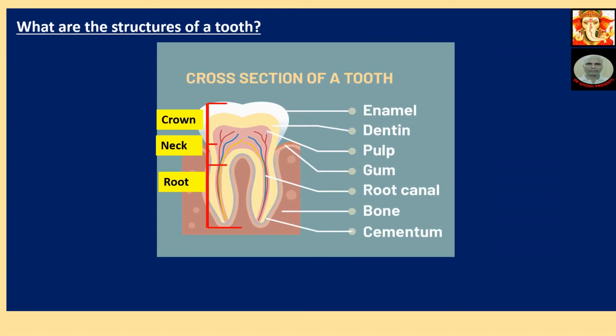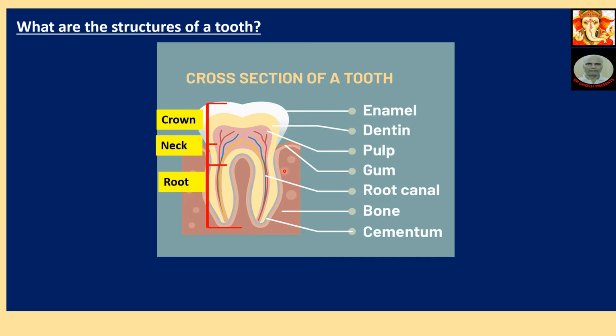What are the structures of a tooth? If you grossly analyze, the first portion is the crown, then the neck, from this to this is the neck, and then the root, this portion. It is gross divisions, and if you go a bit finer, the first portion just above the tooth is called enamel, then inside the tooth is dentin, then pulp.